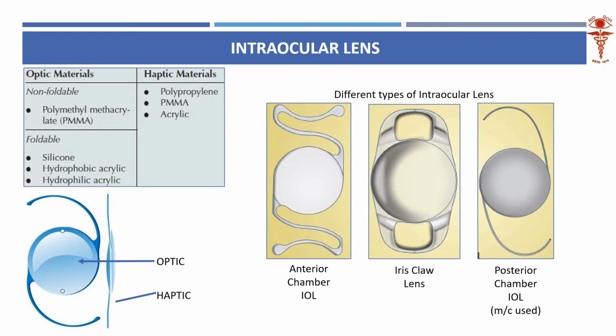Intraocular lenses were first invented by Harold Ridley. Harold Ridley is to be remembered because he was an ophthalmologist in the Royal Air Force, and the Royal Air Force during the Second World War had a lot of fighter pilots who came with injuries in their eye.